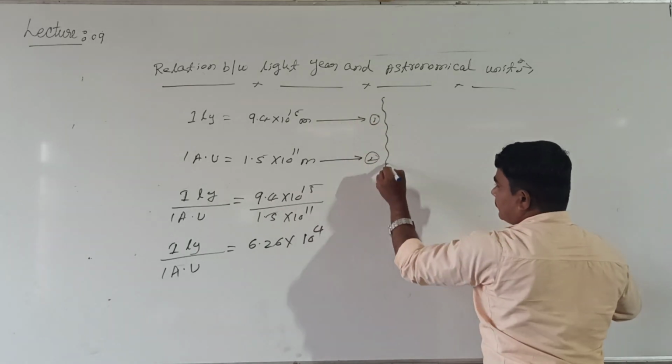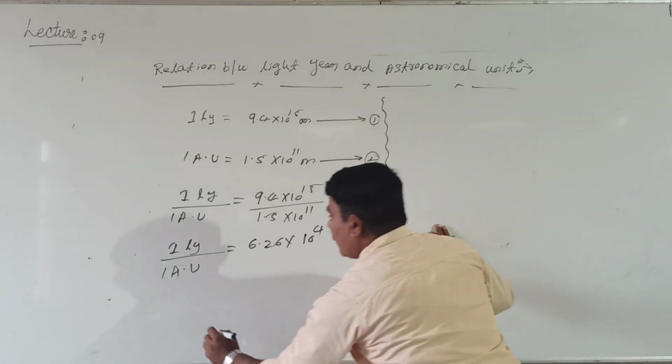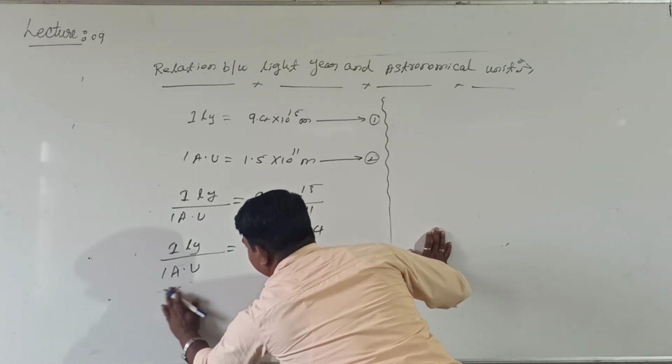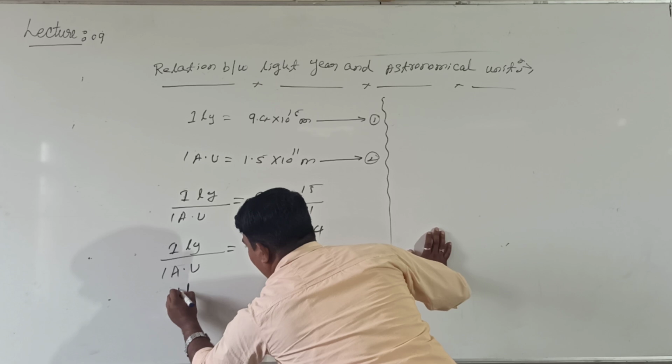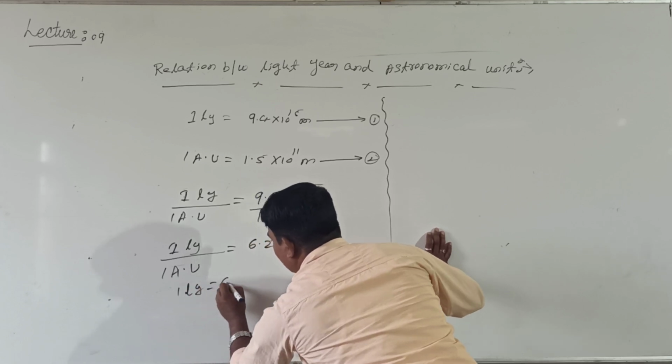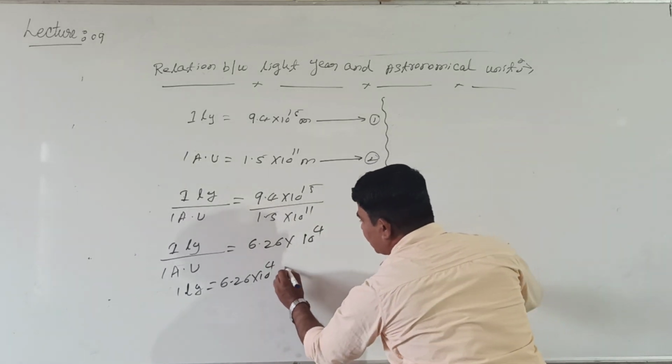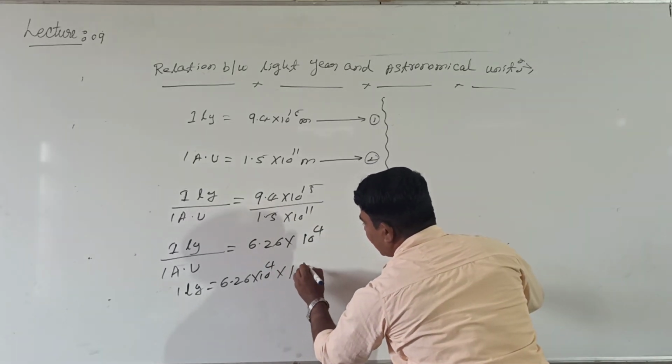Shall I write it directly here? 1 light year equals 6.26 into 10 raised to 4 into how much? 1 astronomical unit.